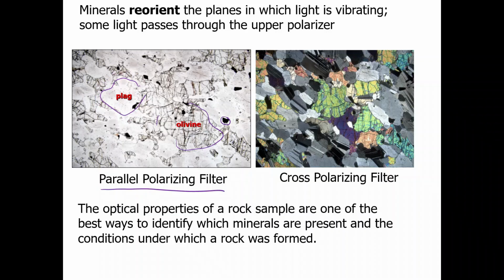But then when you pass this through, we can see that the olivine sample here ends up being really brightly colored. Okay, and the different colors relate to the different orientations of the mineral. And we can see that a lot of what just appeared white actually has these striations through it. This is plagioclase feldspar. And so these striations now become visible, and you can now see more of those individual crystals.